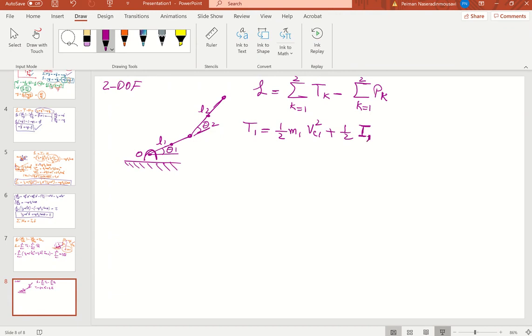So this is IZZ from dynamics, the mass moment of inertia in the Z direction, axis of rotation in the Z direction, times theta dot 1 squared. And T2 is going to be 1 over 2 M2 VC2 squared plus 1 over 2 IZZ of link 2, theta dot 2 squared.